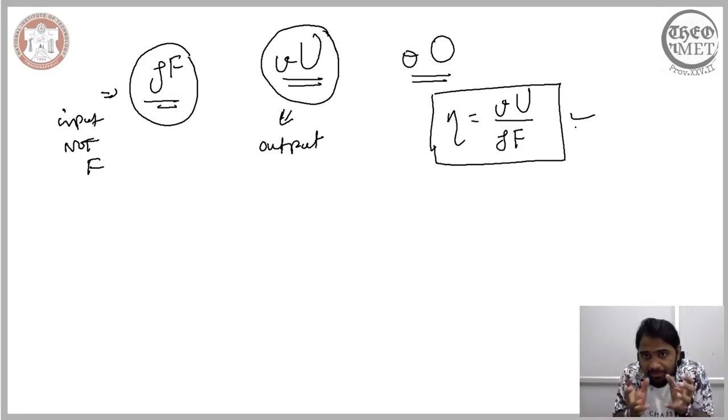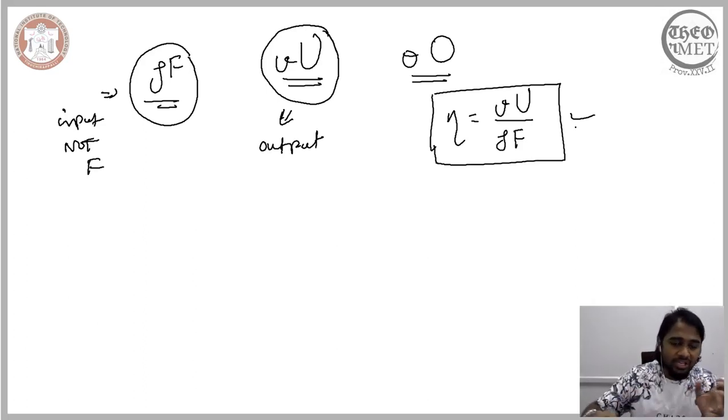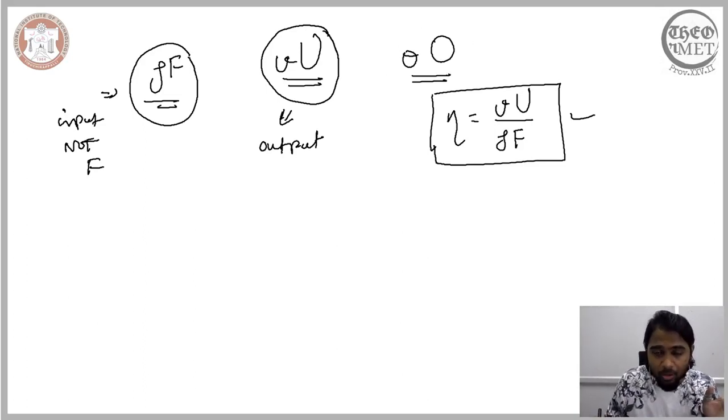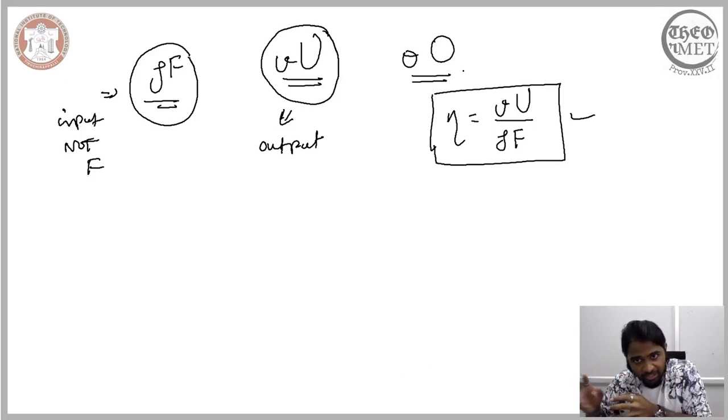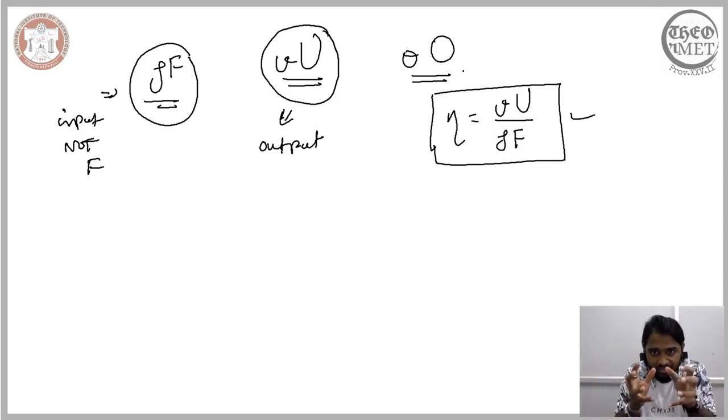However, in scalping, the desired goal is to gather the oversized particles. In that case, the expression for the efficiency changes, because the desired output will be the oversized particles. So the expression for the efficiency changes with what type of screening you are interested in. When you are interested in screening the undersized particles, here we have the expression for the efficiency of that specific process, and depending on the screening process you consider, the expression varies.